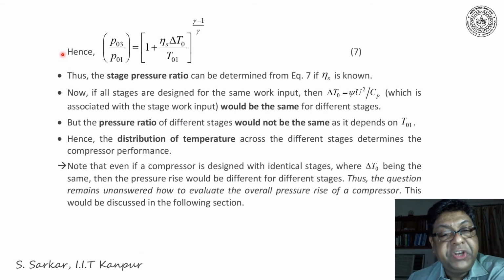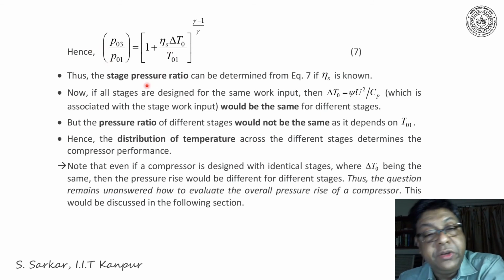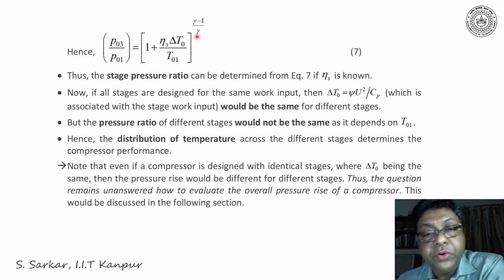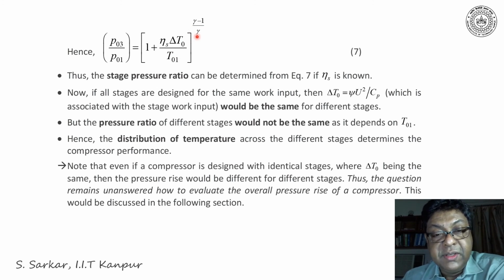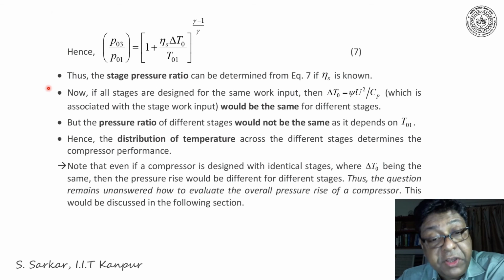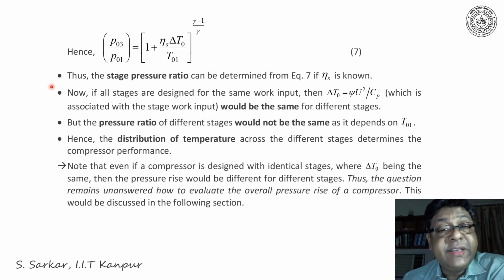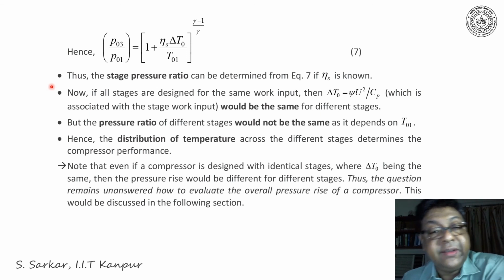Hence, the stage pressure ratio can be expressed as P03 by P01 is equal to within bracket 1 plus eta S ΔT0 by T01 to the power gamma by (gamma minus 1), where ΔT0 is the temperature rise across a stage and T01 is the total temperature of the fluid at entry to a stage. Furthermore, the stage pressure ratio can be determined only if isentropic efficiency of the stage eta S is known to us.